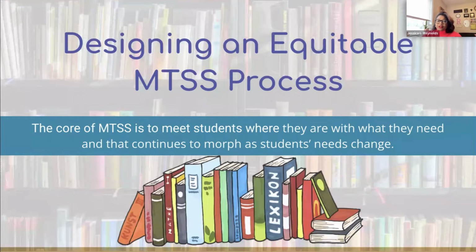Think about how each school year brings new successes and obstacles, which cause constant adjustments to ensure a productive school year. Similarly, your MTSS process adjusts because we know the core of MTSS is to meet students where they are and with what they need, and that changes to morph as students' needs change.